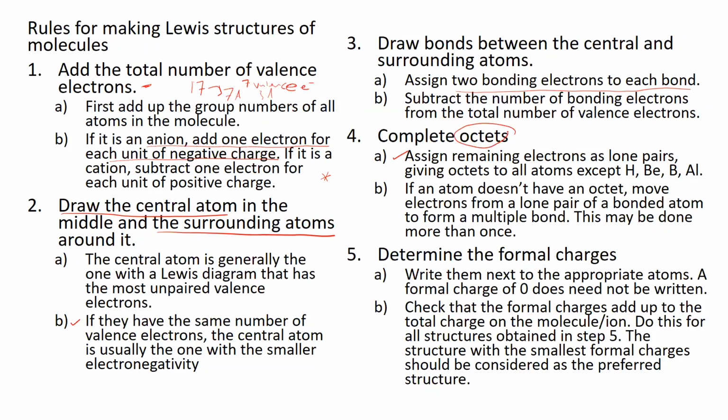So that leads us to the octet rule, all right? The octet rule says that elements will form covalent bonds such that 8 electrons will fill the valence shell.